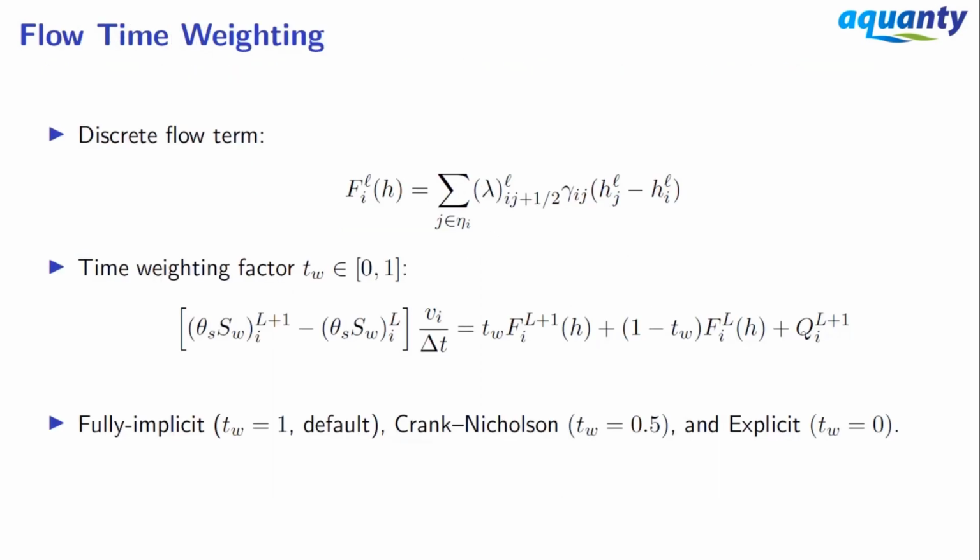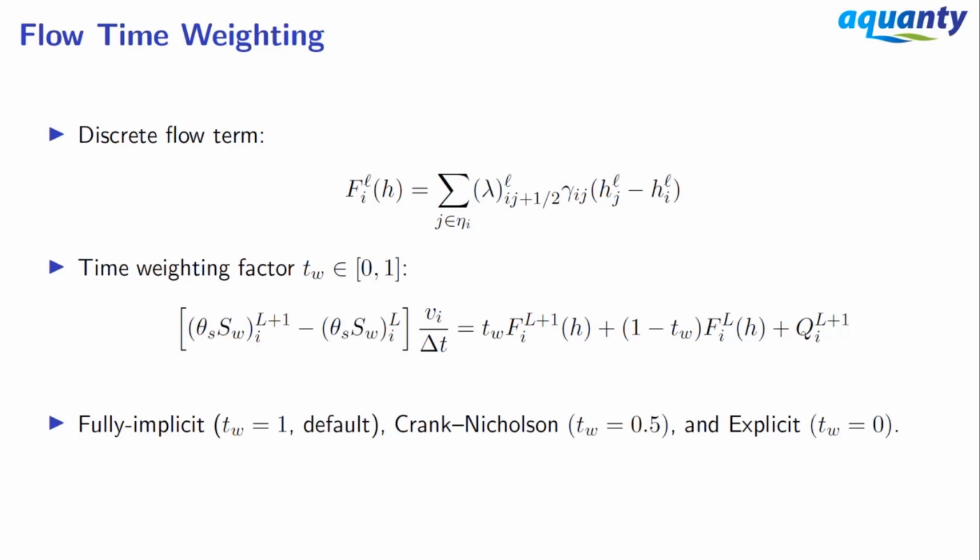Now, flow time weighting. If we look at the discrete flow term, which is shown here, then we can write the discrete equations in the following form, basically taking a linear combination of those flow terms. HGS allows you to choose this time weighting factor to be any value between 0 and 1.